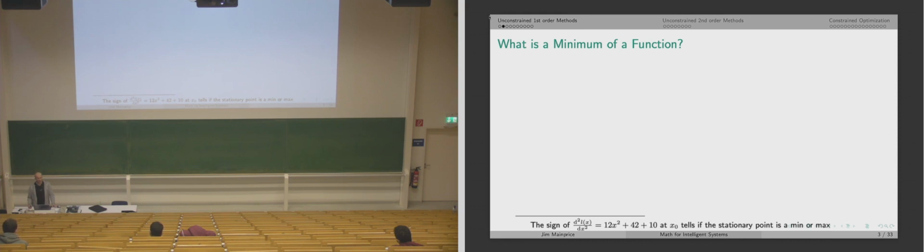So optimization is about finding an optimum, and there are two kinds of optimum. Either it's a maximum or it's a minimum, depending on the semantics that we associate with the cost function, the objective function. In machine learning, robotics and control, we are usually talking about finding minima.